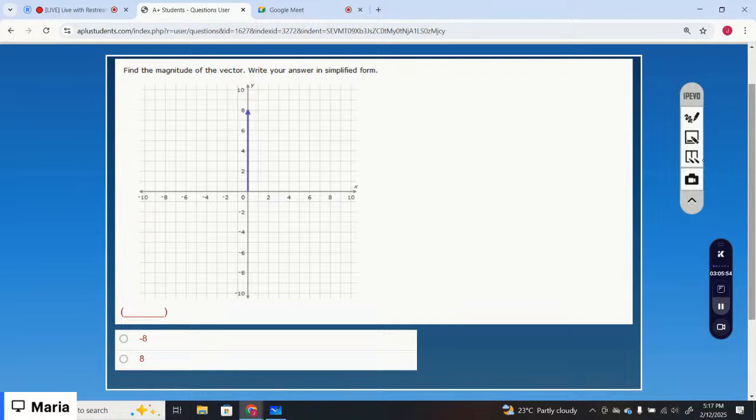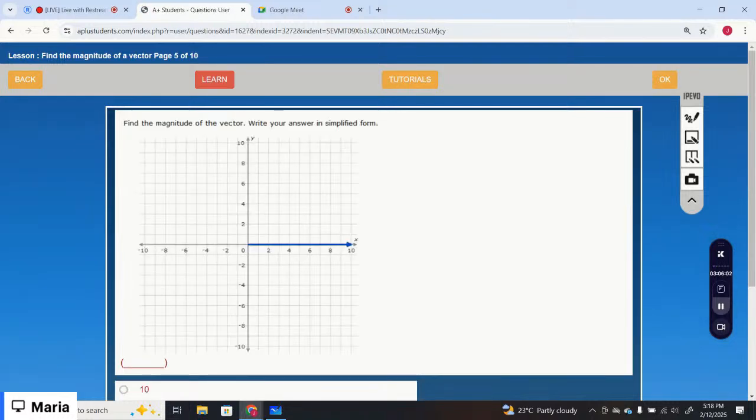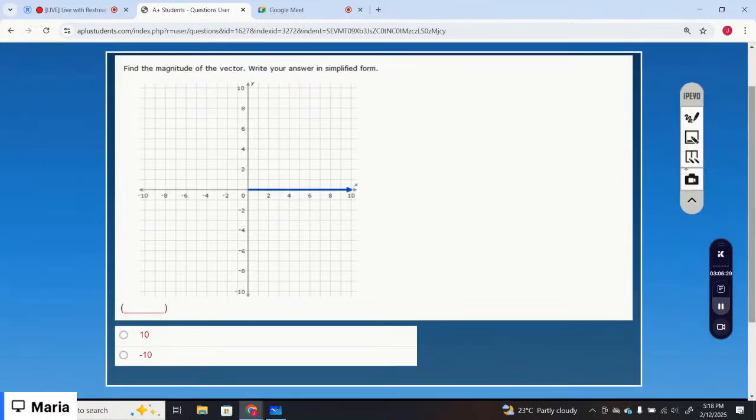Option number 2 is the correct option. Find the magnitude of the vector. That is 10. Option number 1 is the correct option.